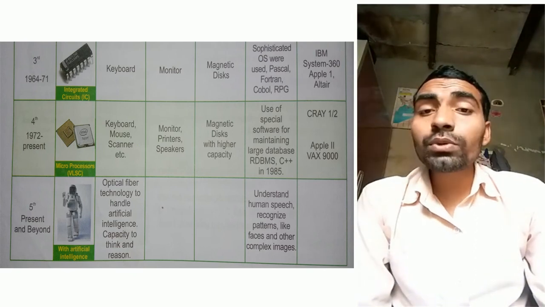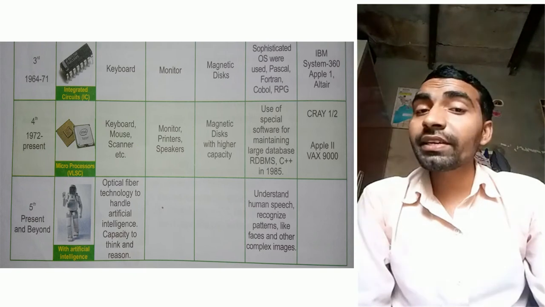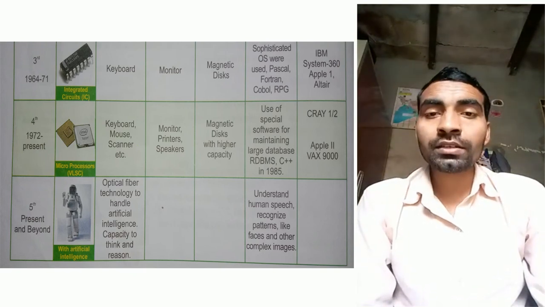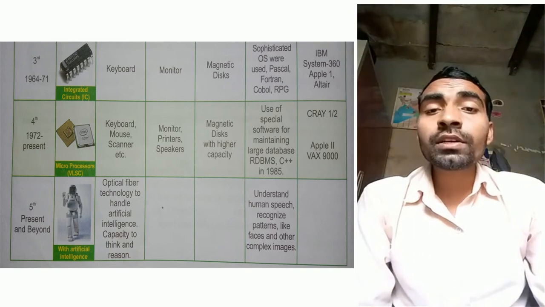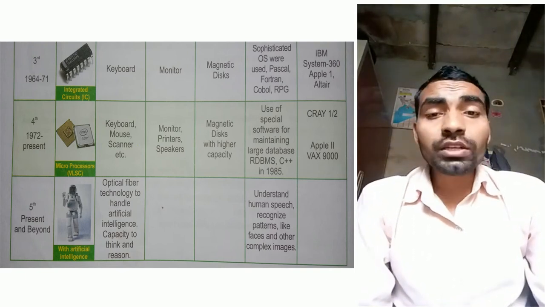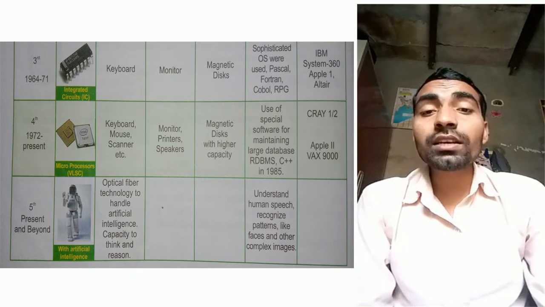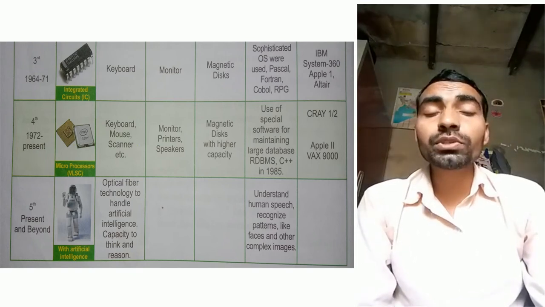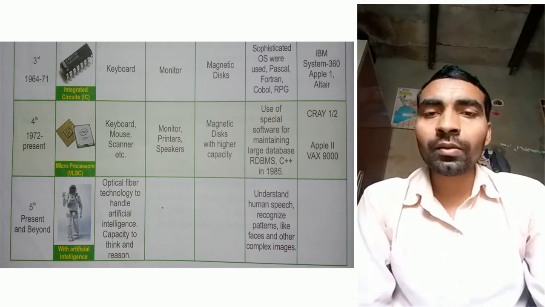After that, the fourth generation comes. Its period is from 1971 to present. In this generation, the scientists developed many technologies. You can say the overall technologies which you use today in the computer field belong to the fourth generation.